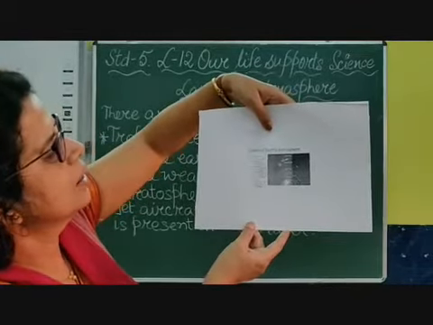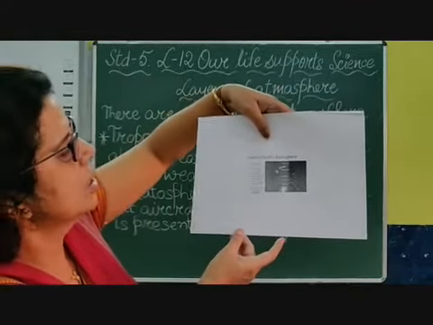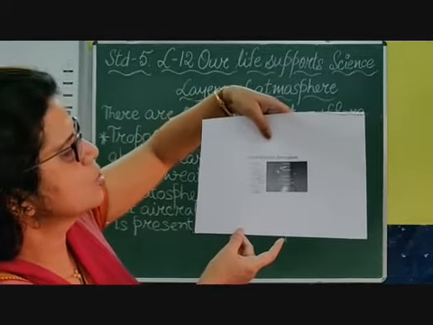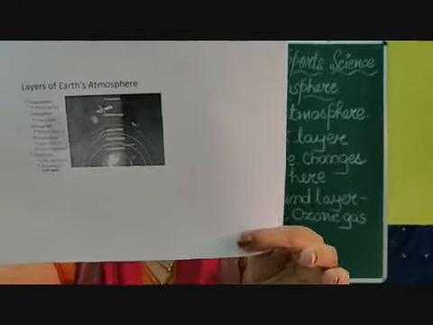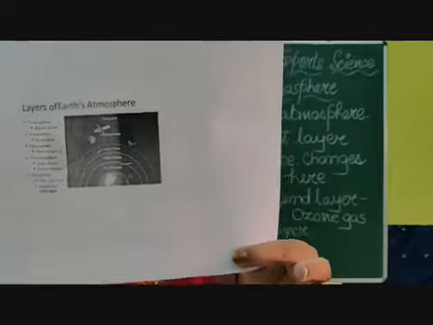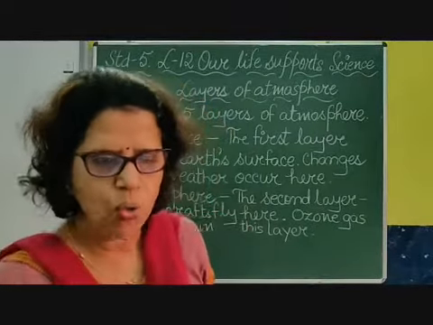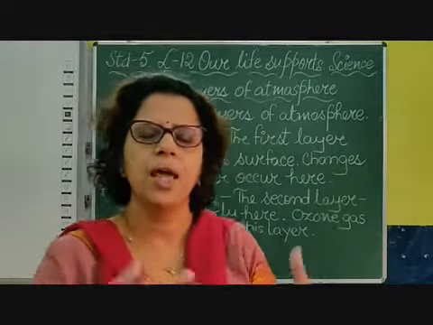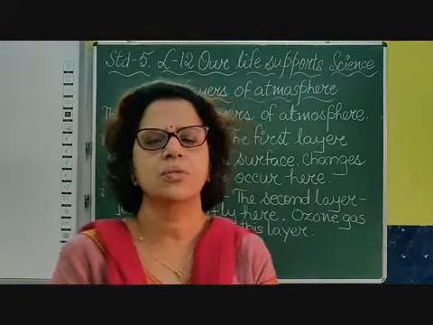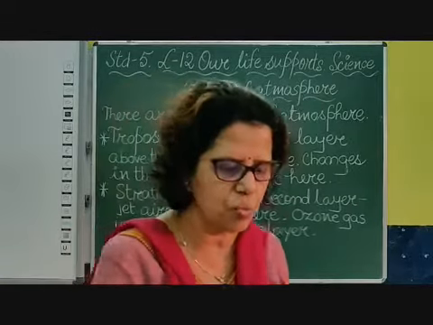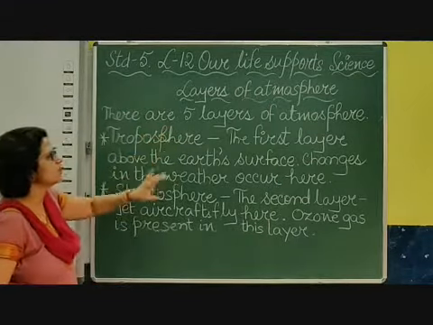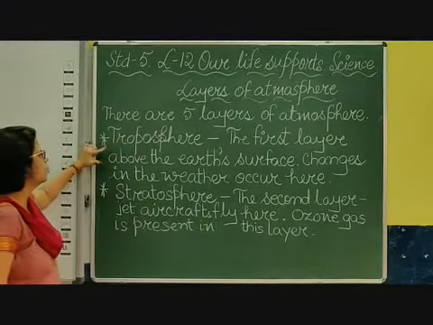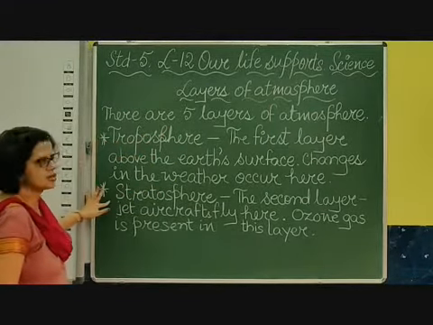Then you have the thermosphere, where space shuttles go, and exosphere is the thin outer layer, and then outer space starts. We studied that the gravity of the Earth holds these different layers of atmosphere, and that's why we have these layers. Now children, as we said there are 5 layers of atmosphere, let us study in this module about troposphere and stratosphere.